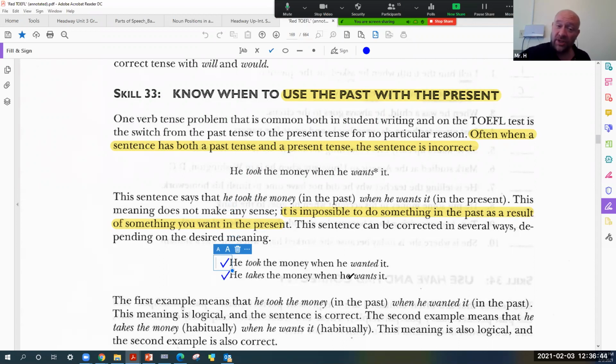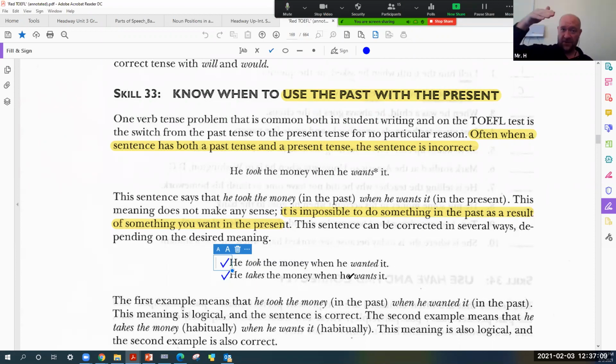Now, is that logical? He takes the money when he wants it? What does it mean? If he wants the money, he will go and take it. Anytime he wants the money, he takes it, right? So both sentences now are correct.